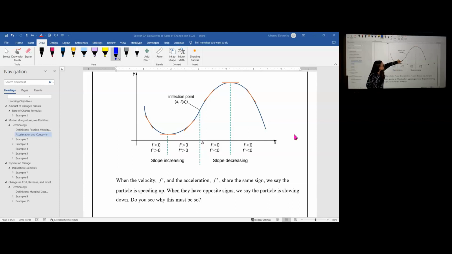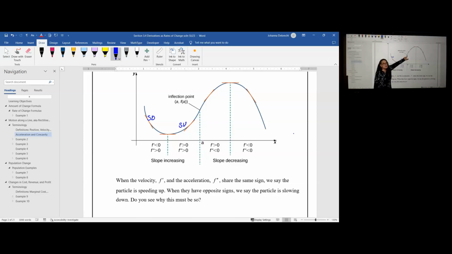And then it begins moving again, slowing down here, speeding up here. Over here, the acceleration is still positive, and the tangent line is also positive, sloped up.